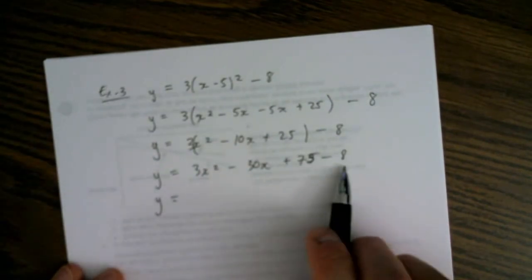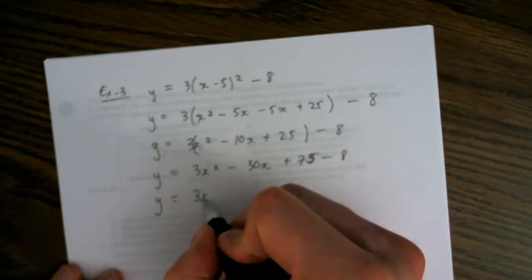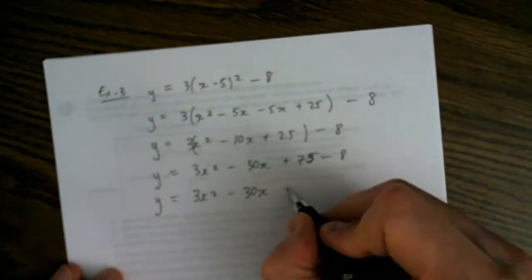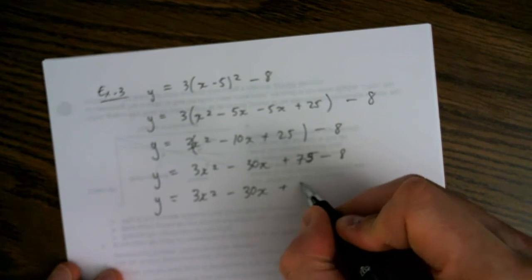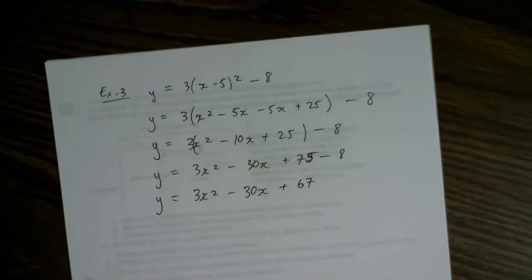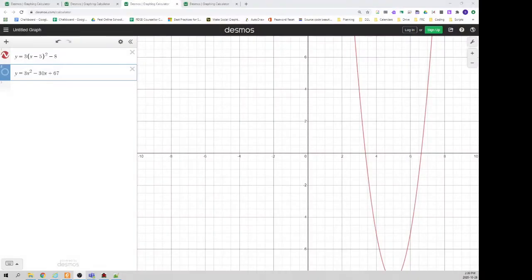Now I can group like terms. Once again, when you compare the graphs, they are the same. They are the same relation. They're just in a different form.